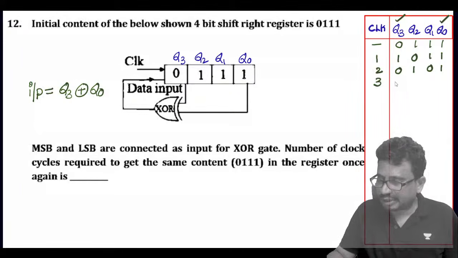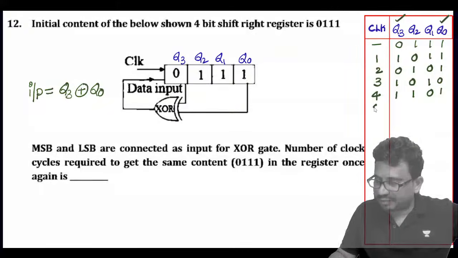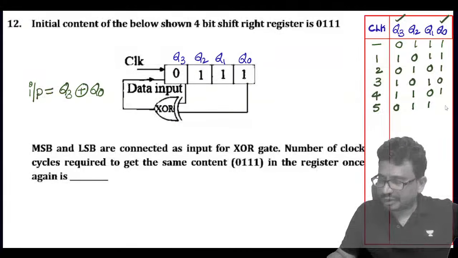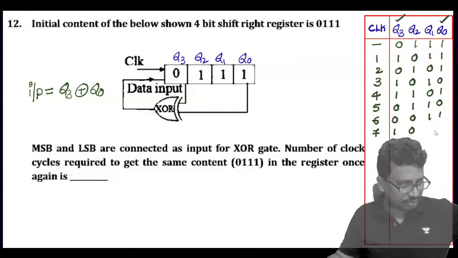Next, third clock, 1, 0, 1, 0. Fourth clock, so this is 1, 1, 0, 1. Fifth clock, 0, 1, 1, 0. Sixth clock, 0, 0, 1, 1. Seventh clock, 1, 0.